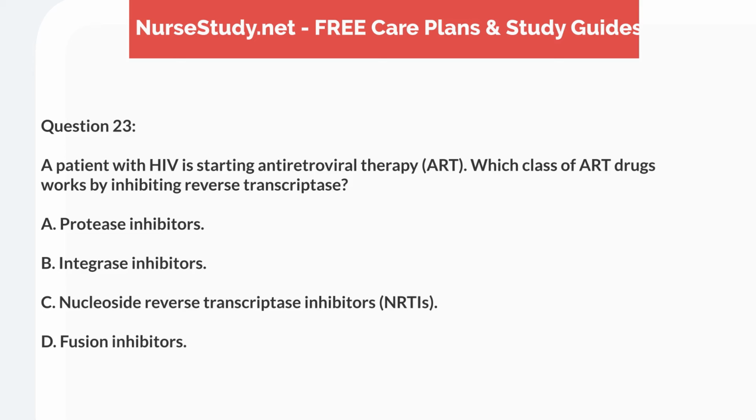Question 23. A patient with HIV is starting antiretroviral therapy, ART. Which class of ART drugs works by inhibiting reverse transcriptase? A. Protease inhibitors. B. Integrase inhibitors. C. Nucleoside reverse transcriptase inhibitors, NRTIs. D. Fusion inhibitors.